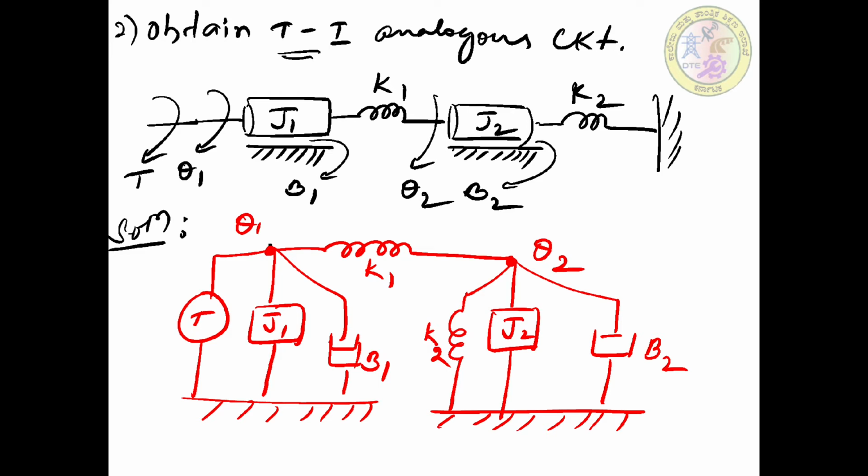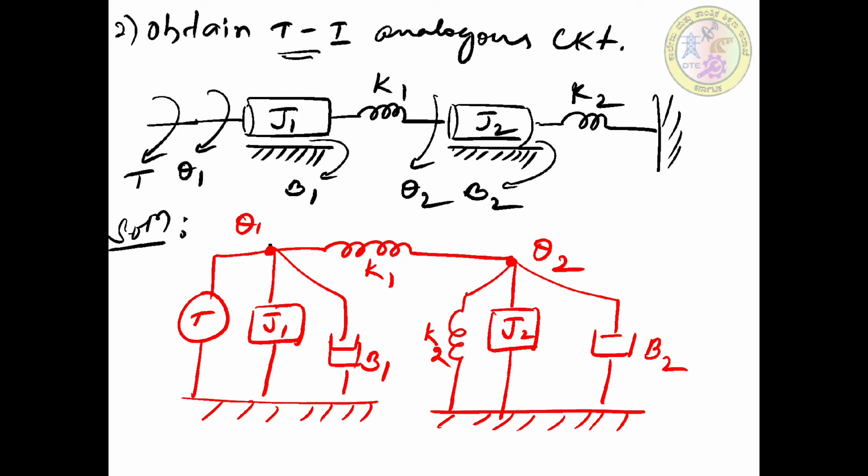Now we have to write two differential equations at node theta 1 and theta 2. Therefore at node theta 1, here itself we can assume what will be the equation.